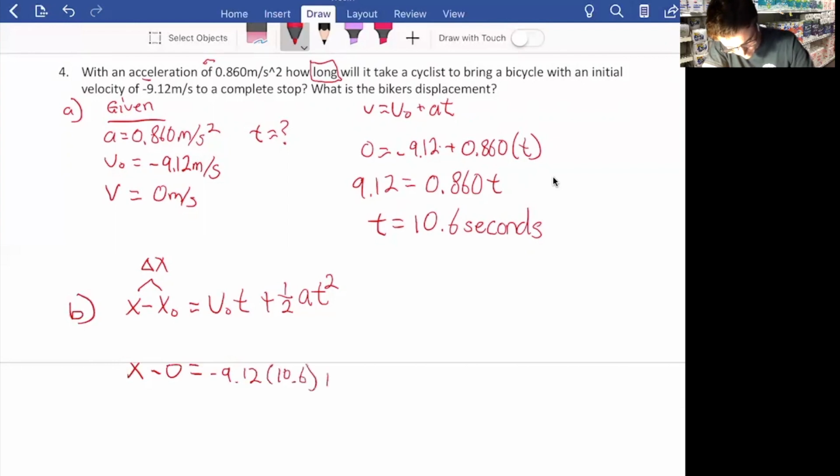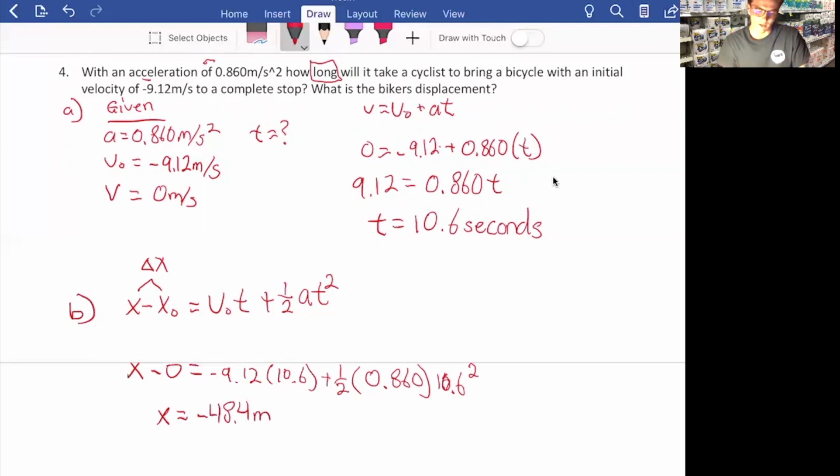All right, so plug and chug, basically: 1/2 acceleration is what it was, and then time is the same thing, 10.6, that's a 10 squared. And then when you solve it out and simplify, x equals negative 48.4 meters.